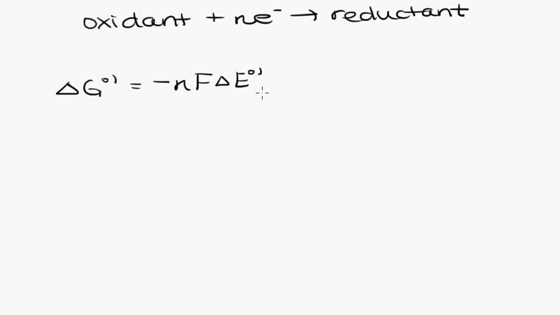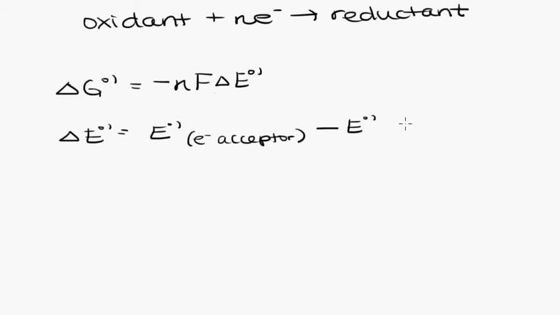Okay, so we can figure out delta E naught prime, that's equal to the E naught prime of the electron acceptor, so that would be the oxidant, minus the electron donor, the reductant. Oxidant minus reductant.